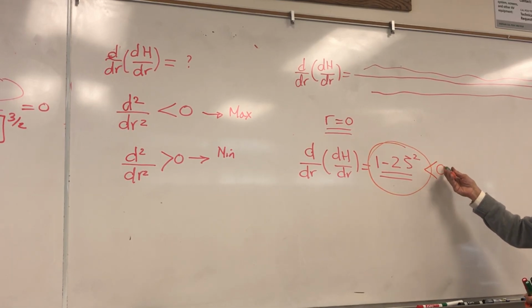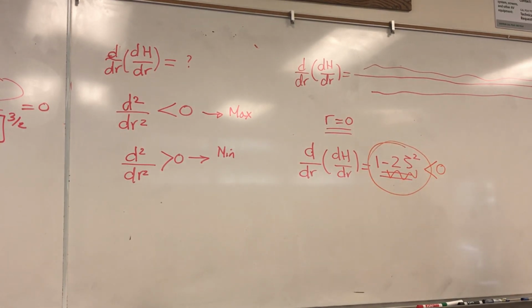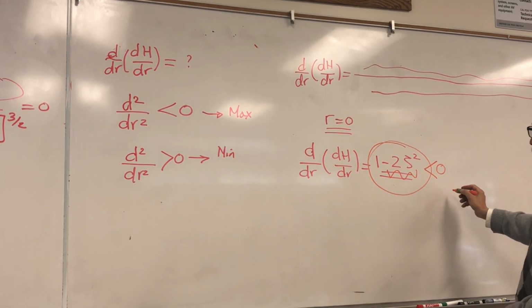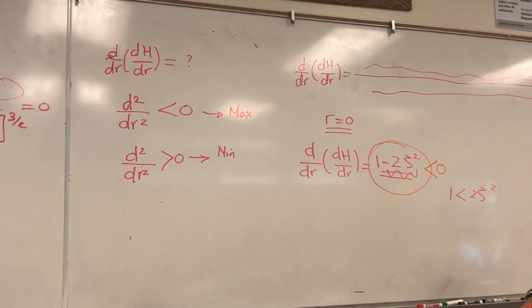This is going to be less than 0 when obviously 2 zeta squared is greater than 1, right? So that means zeta squared is greater than 0.5, or zeta is greater than 0.707.